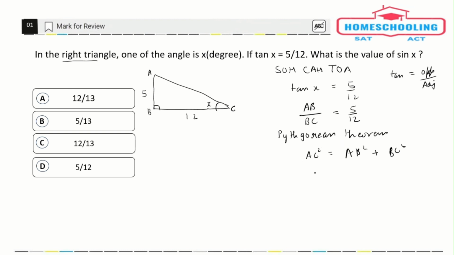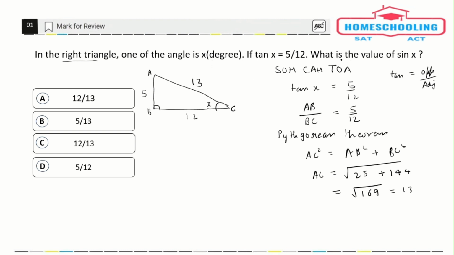So AC square would be 25 plus 12 square, that is 144. If we add both of them, that would be 169. If we take the root, then AC would be 13.